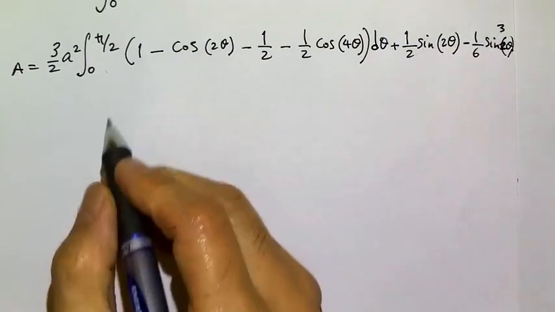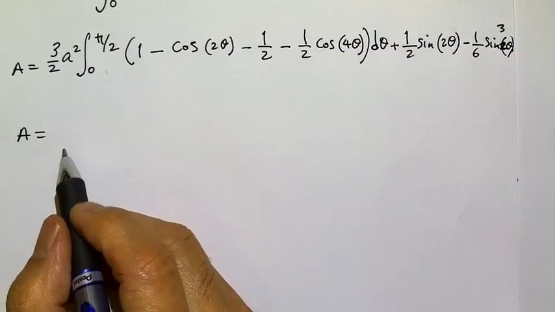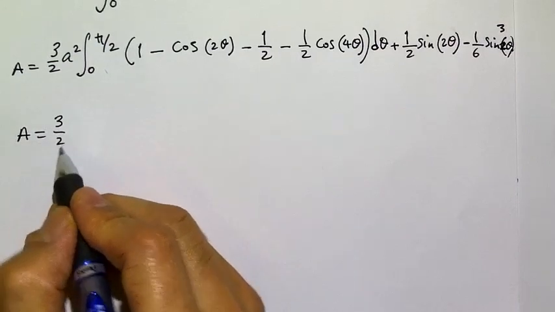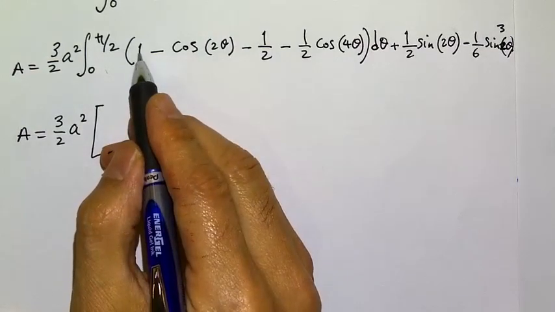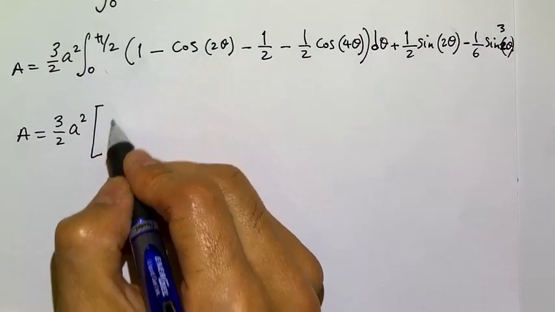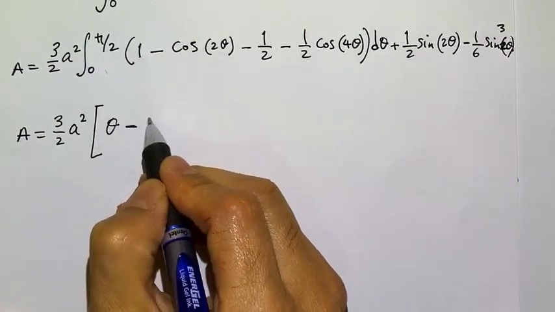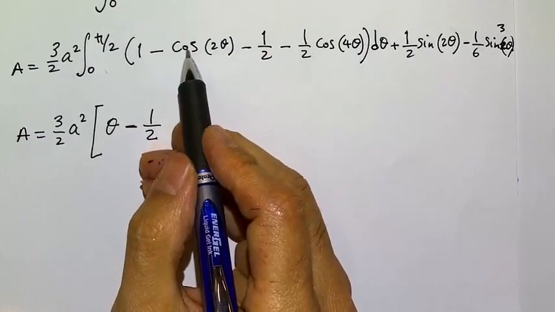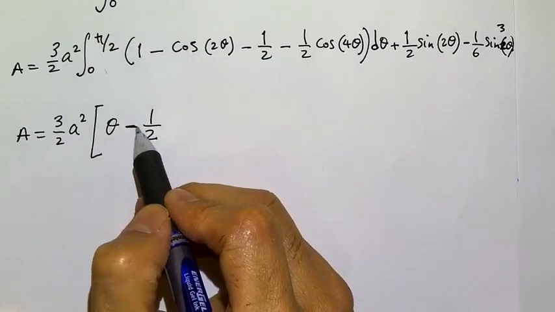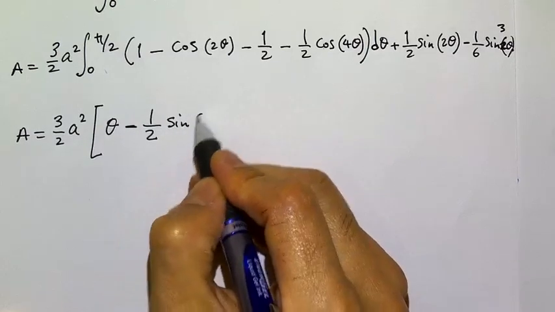Okay, so we have A equals 3/2 a squared. 1, integrate this with respect to theta, is just theta. This one, minus 1/2, right? This must have been sine. So minus stays as it is. So 1/2 sine 2 theta.